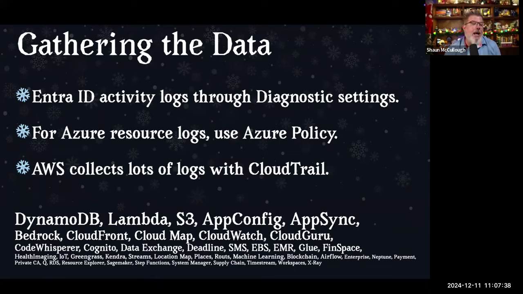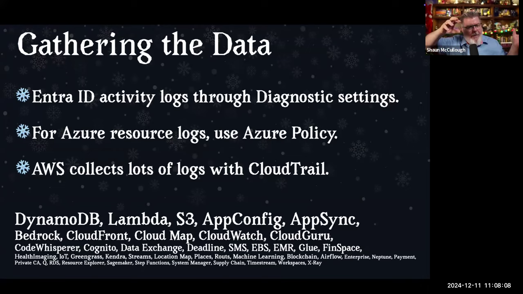But I can also say I want DynamoDB or Lambda or S3 and all of these other data logs. It's a ton of data. It'll flood your system. But in one quick place, you can turn these on. AWS is almost like going into the hypervisor from underneath and grabbing that data, whereas in Azure, I'm going into the resource through the user engagement and turning on a setting.